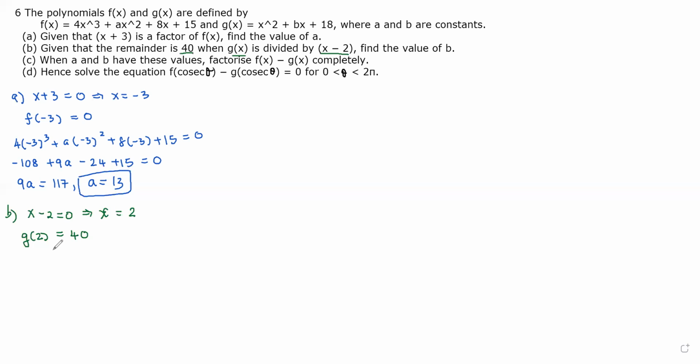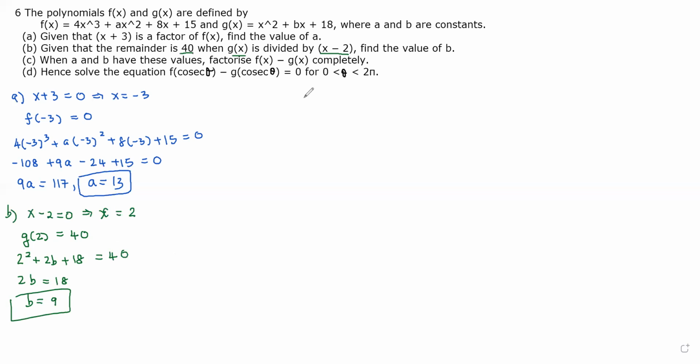We replace x with 2 into g(x) so that we have 2 squared plus 2b plus 18 equals 40. And simplifying, we have 2b equals 18 so that b is 9.